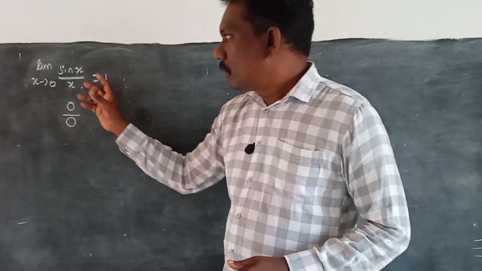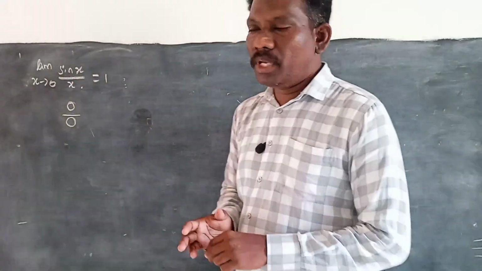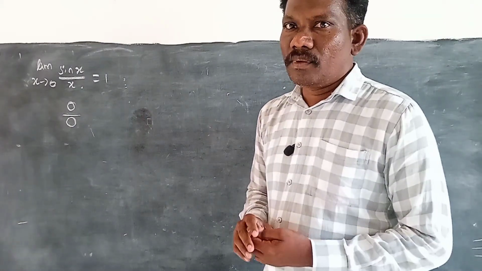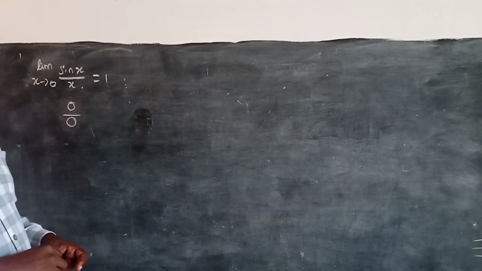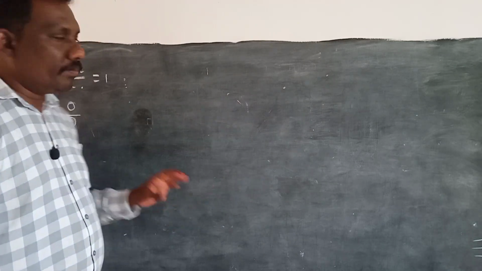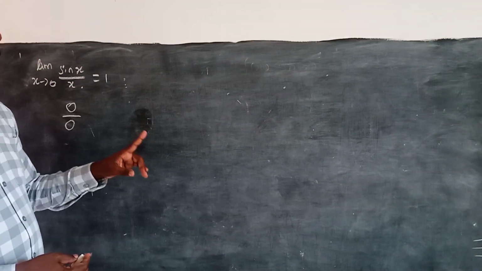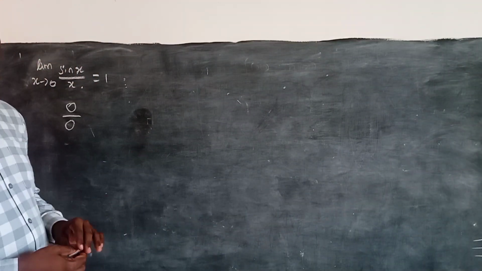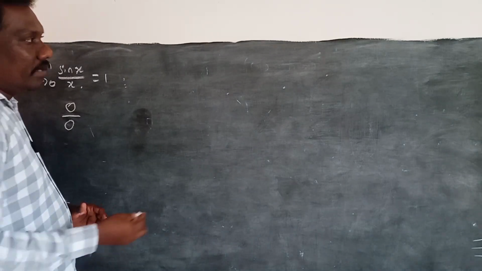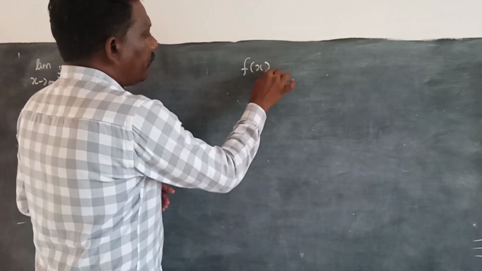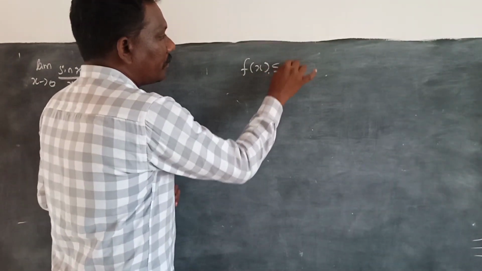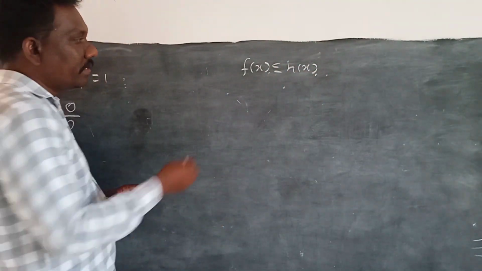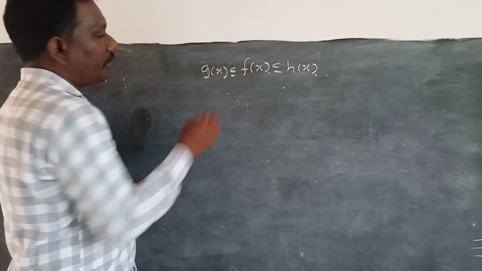So in what way can we prove this result? One of the ways to prove this result is to use the squeeze theorem. Now let's come to the point. What is the squeeze theorem? Let's say we have a function f of x which is bounded between two other functions, h of x as well as g of x.